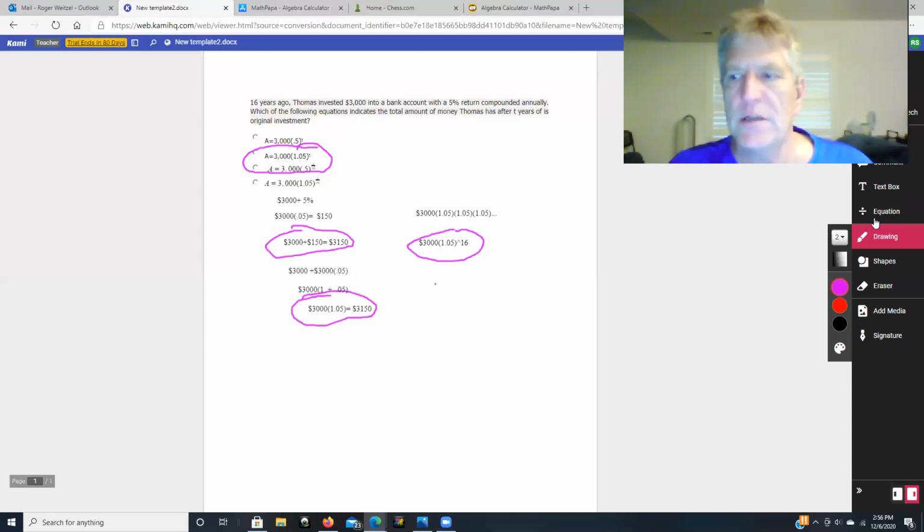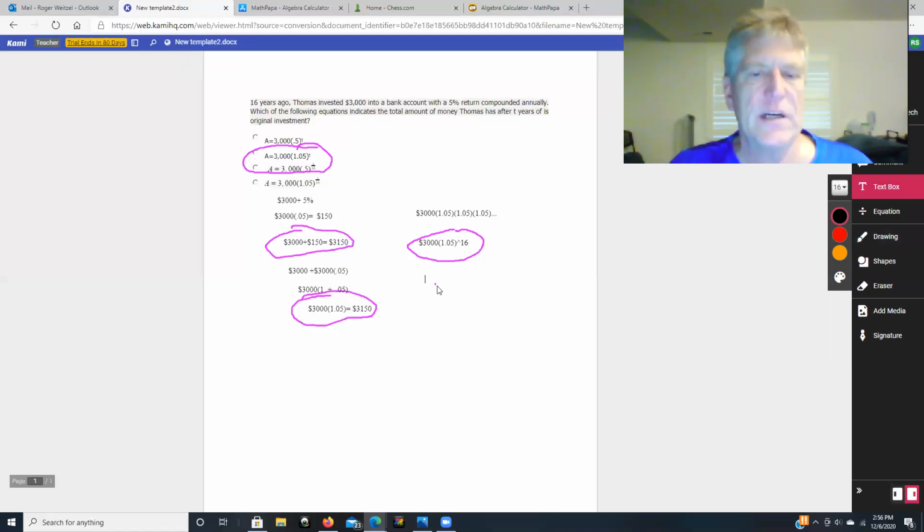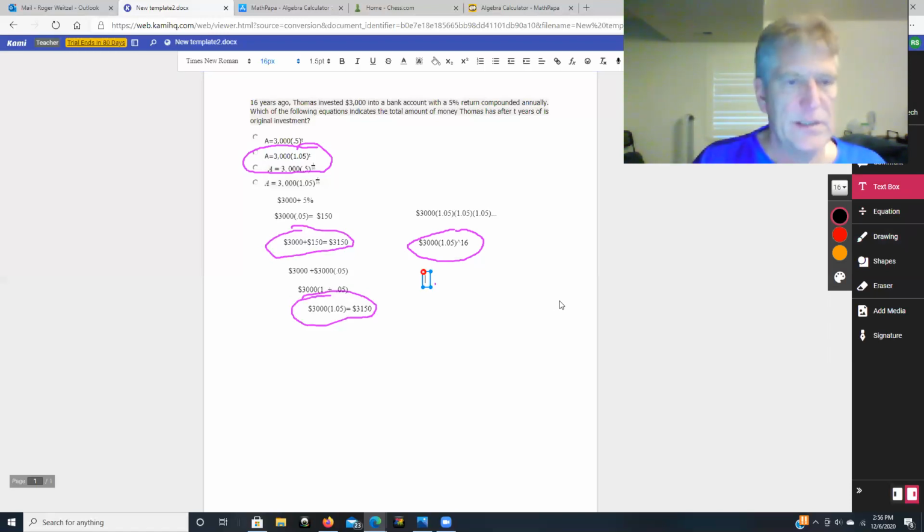So let's go back to the text box, and now we're going to say, all right, 3,000 after 16 years is going to be 3,000 times 1.05 raised to the 16th power equals.